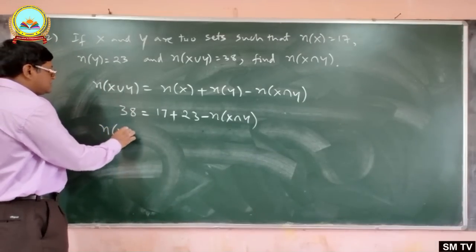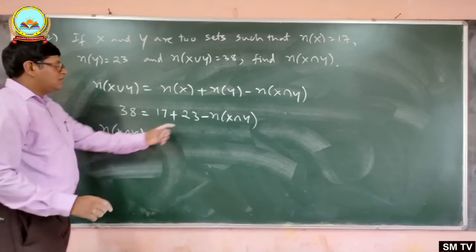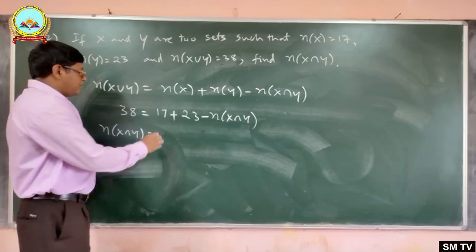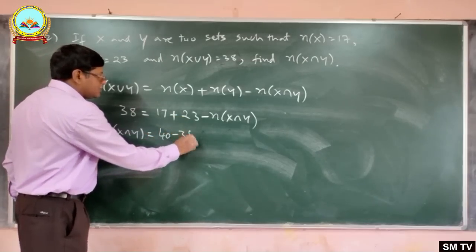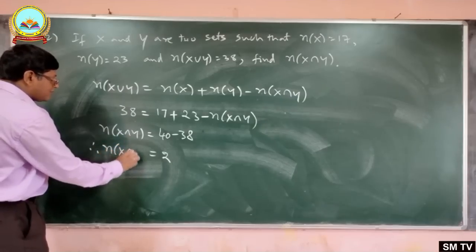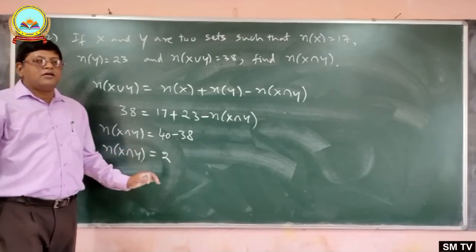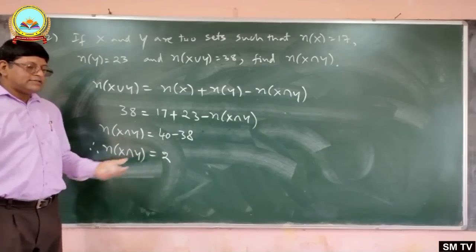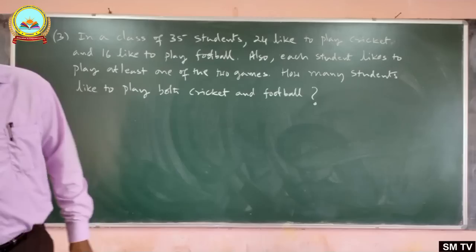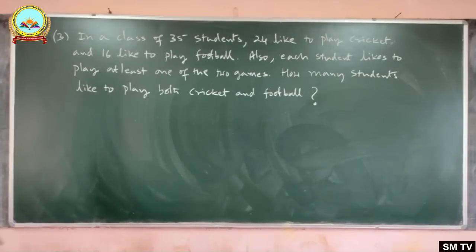So n of x intersection y is equal to 40 minus 38, which is equal to 2. Therefore, the number of elements present in the set x intersection y is equal to 2, right? Fine. Okay. Question number 3, problem number 3.